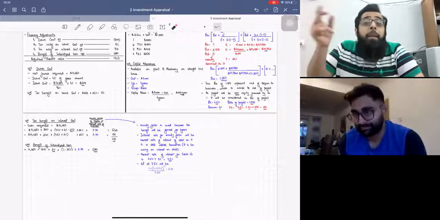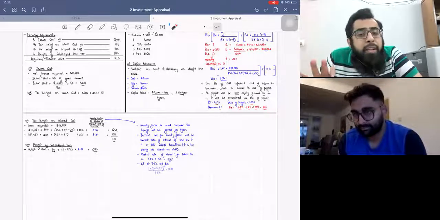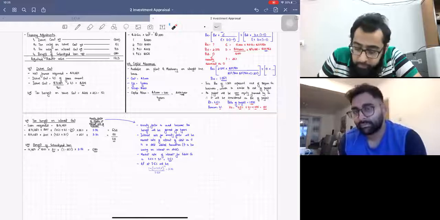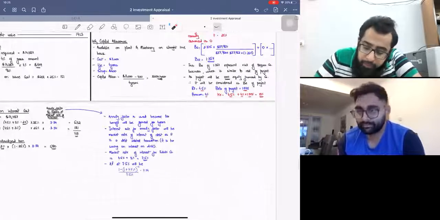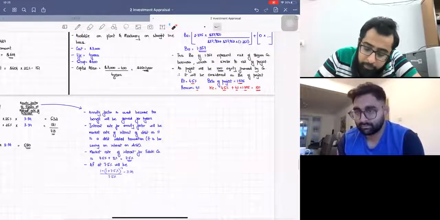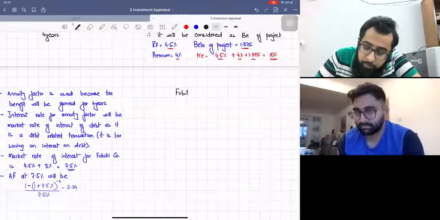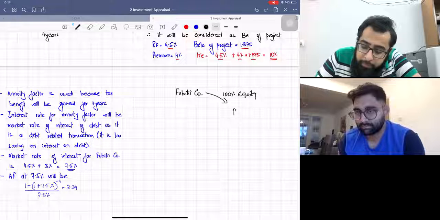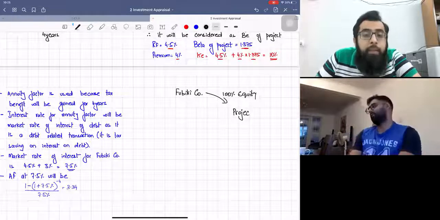Now, from where will the company raise finance? The company will raise finance through debt. See, this is the company, which is the 100% equity owner of the project.